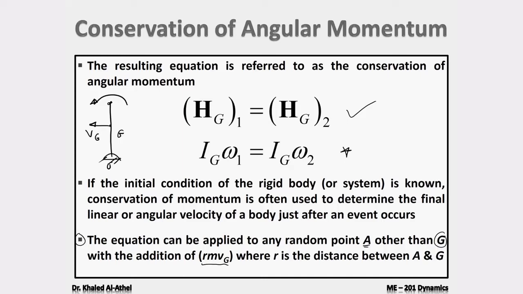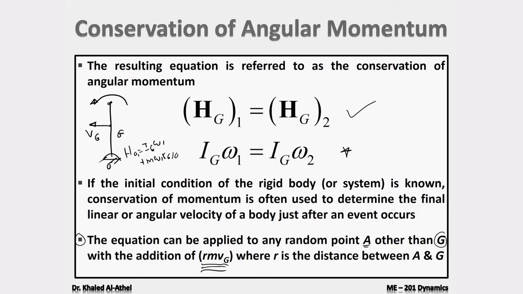If you take I around G, then vG will not give you any angular momentum because it passes through G. But if you are going to write the equation H around O, then it will equal IG omega 1 plus m vG times rG with respect to O, which is basically what we are saying here. So just keep this in mind.